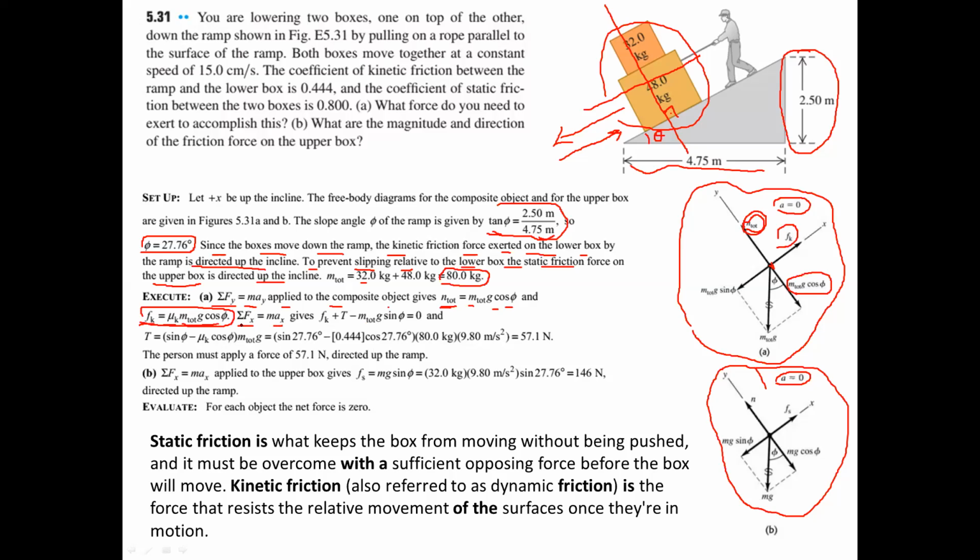From here, the friction force Fk plus the tension in the rope, they are both in this way, up the inclined plane, and will be equal to the sine component of your weight, right? Or you can write down like this: Fk plus T minus M total g sine theta will be 0, okay? Did you understand here?